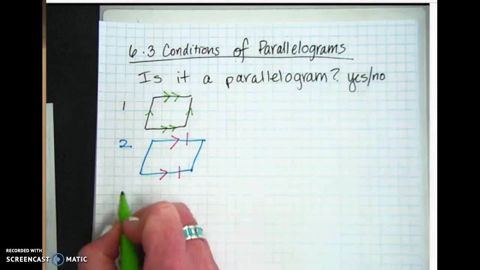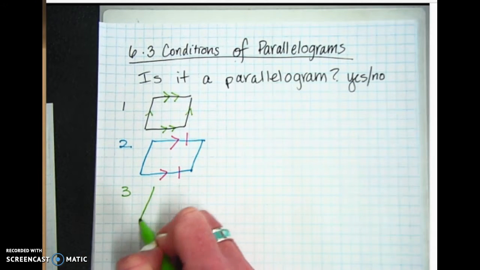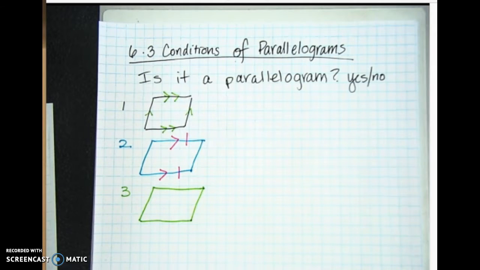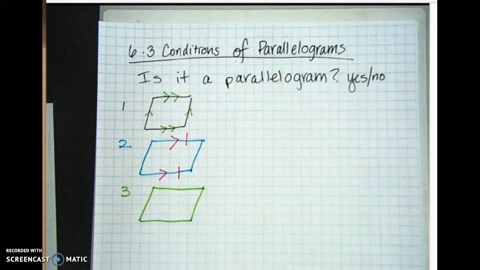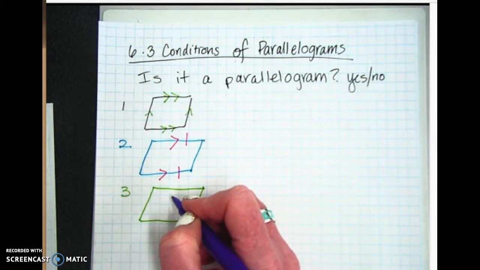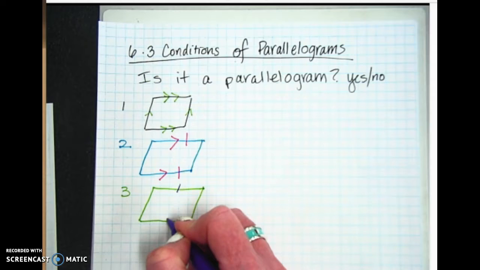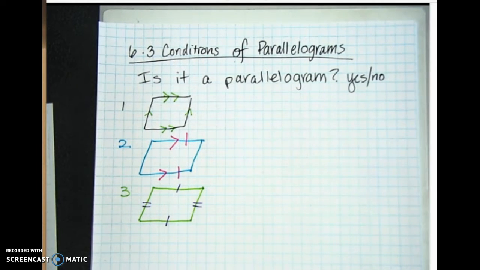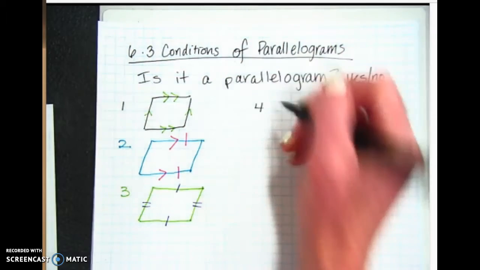All right, the third condition would be that you would have two pairs of congruent opposite sides. So top and bottom would be congruent, and right and left would be congruent. That would be enough to prove it a parallelogram. Okay. The fourth condition.